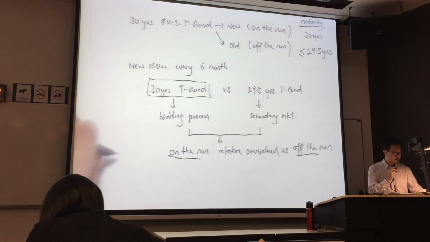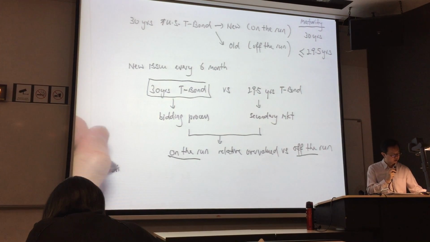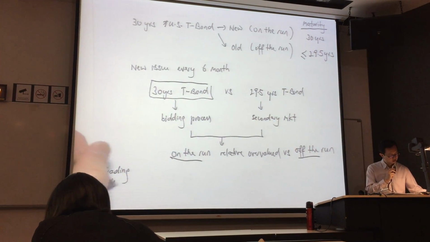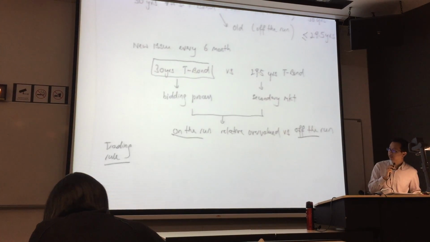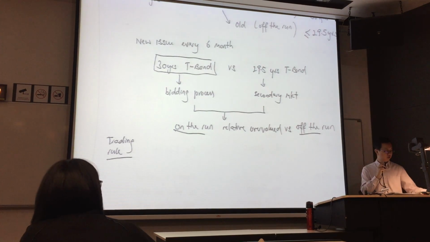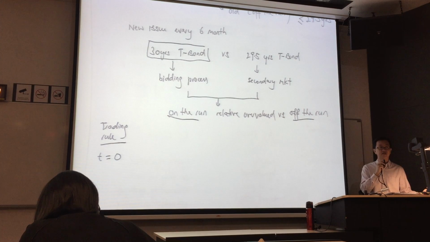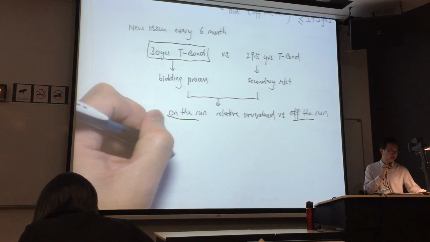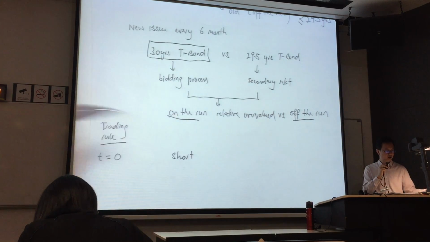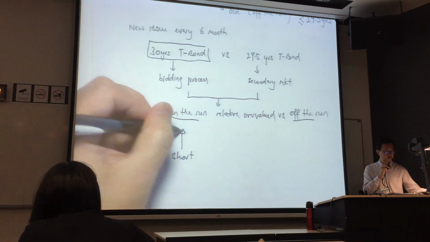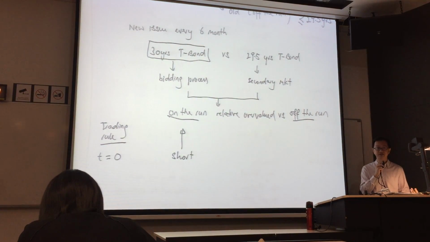Right, so what is the trading strategy? Trading rules to take advantage of this. When a new issue is being issued by the government today, the hedge fund managers will typically short the new issue because it's deemed too expensive.